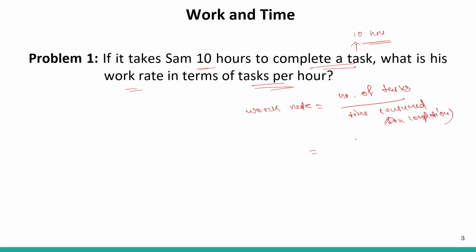So this is one task, and it took him 10 hours. So this much of the task per hour is his work rate. Sam's work rate is equal to 1 by 10 tasks per hour.